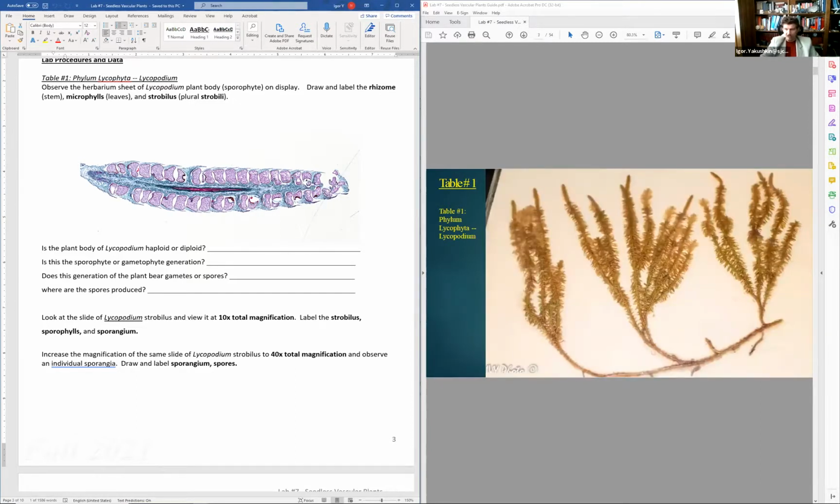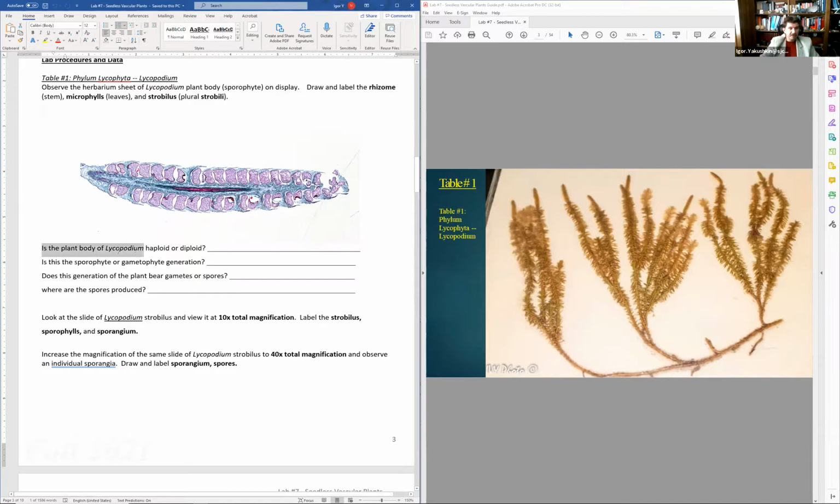So we are looking at the specimen right here for the club moss. And again, this is the underground stem, the rhizome, with the stems and the tiny little bitty leaves, microphylls, coming out. And then on the top, you will see those club-looking structures, and those club-looking structures are strobili.